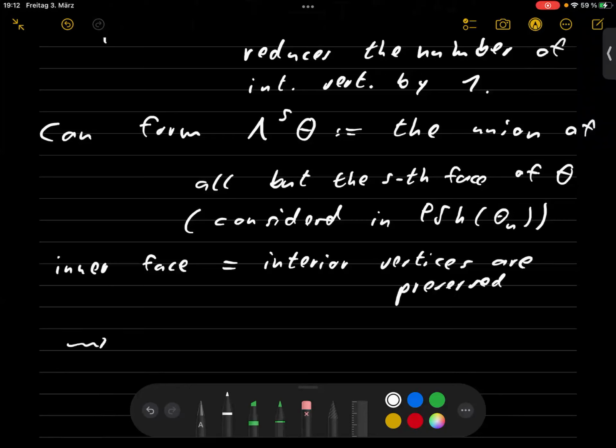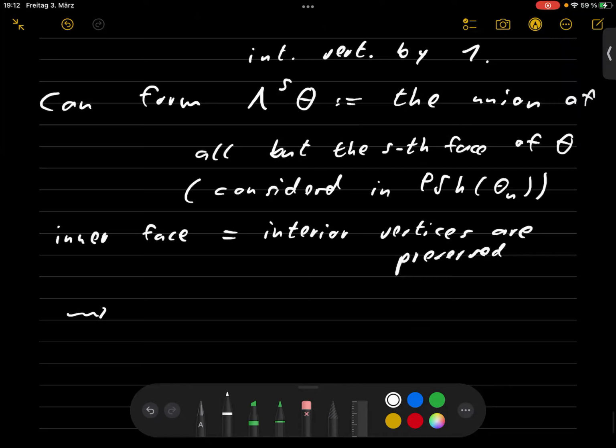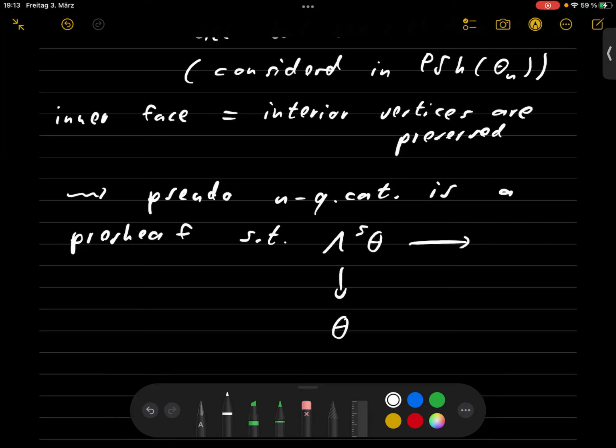And we obtain, similarly to the quasi-category definition, a weak form, maybe one could call it a pseudo n quasi-category, which is a pre-sheaf such that for all of these maps from the horn S theta to theta, for all inner S, this map admits a lift.